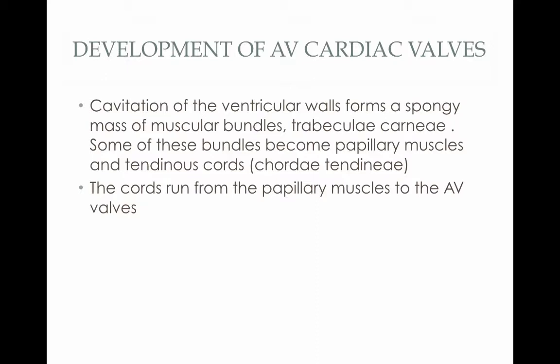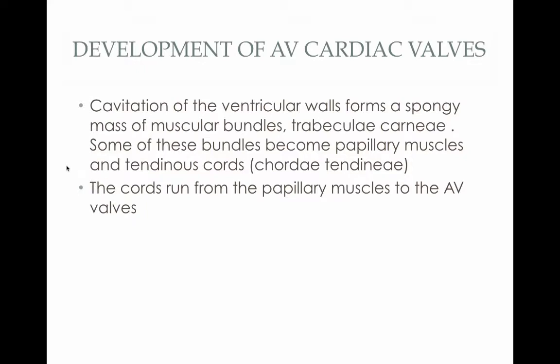And so what happens there is we have this cavitation of the ventricular walls, and this forms these spongy masses of muscle bundles, or trabeculae carneae, and these form, again, papillary muscles and these tendinous cords, or chordae tendineae, and these cords run from the papillary muscles to the atrioventricular valves.